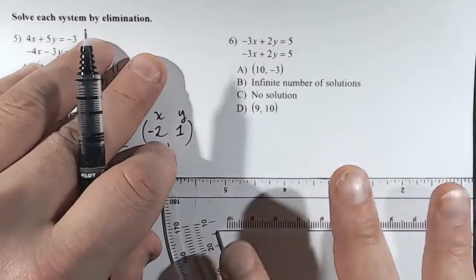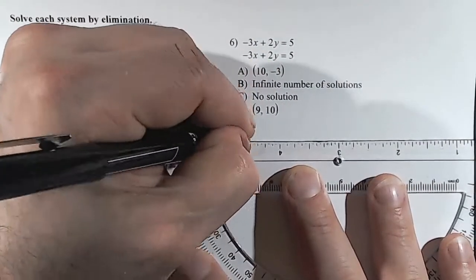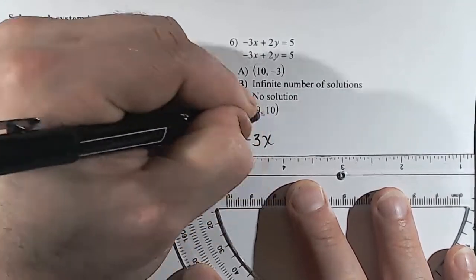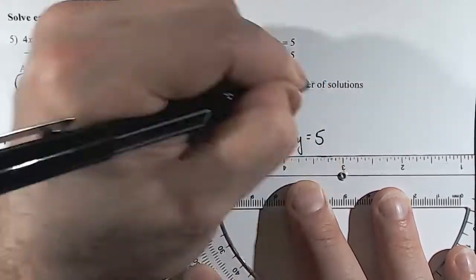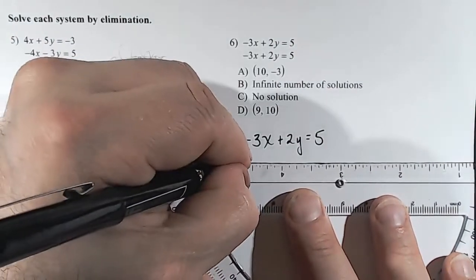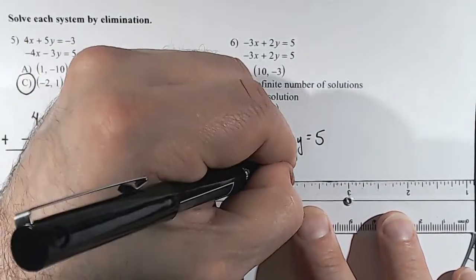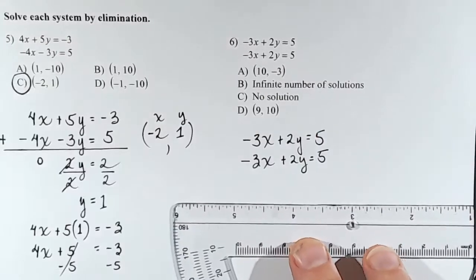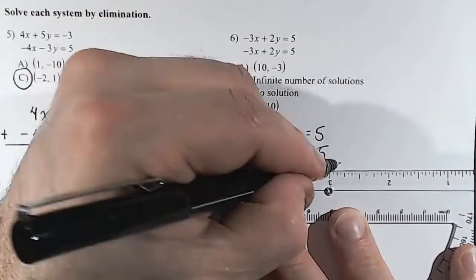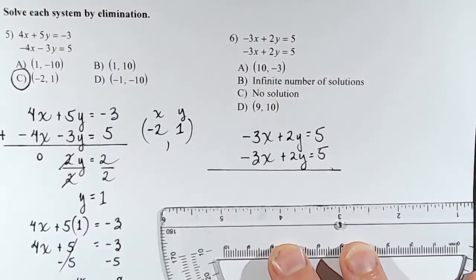I want to point something out right away. When I write this, negative 3x plus 2y equals 5. And then I write negative 3x plus 2y equals 5. I notice that I've written the same equation down 2 times. All right?